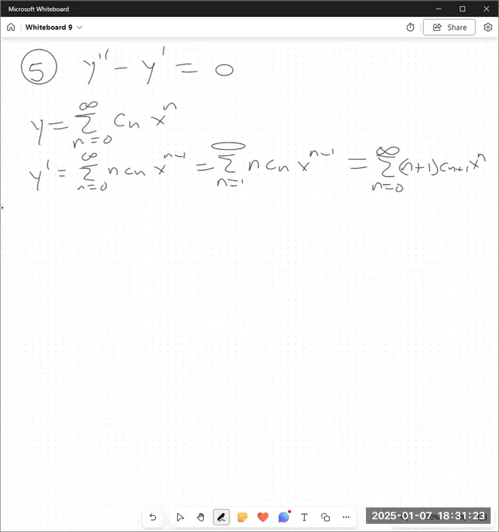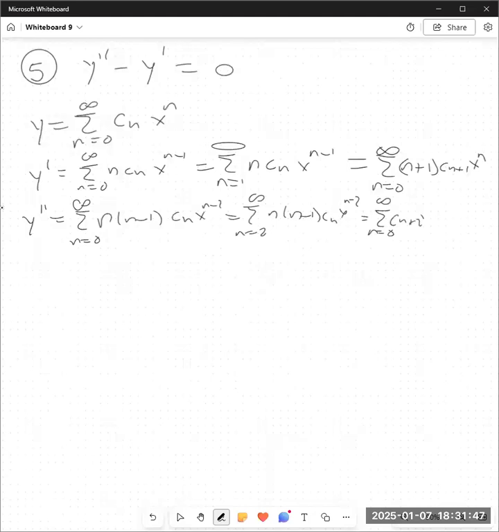And y double prime is the sum n equals 0 to infinity of n times n minus 1, cn x to the n minus 2, which becomes n equals 2 to infinity of n times n minus 1, cn x to the n minus 2, which is equal to n equals 0 to infinity of n plus 2, n plus 1, cn plus 2, x to the n.